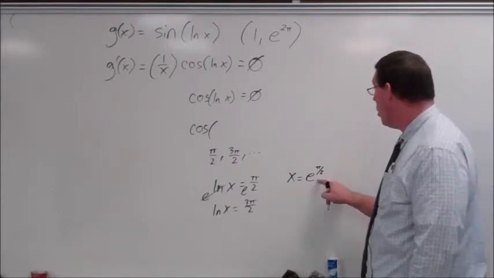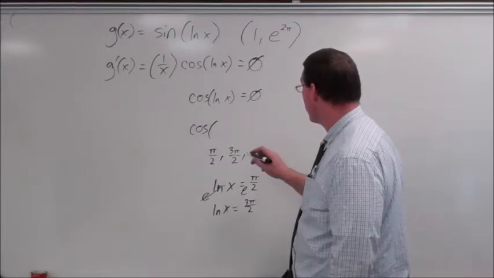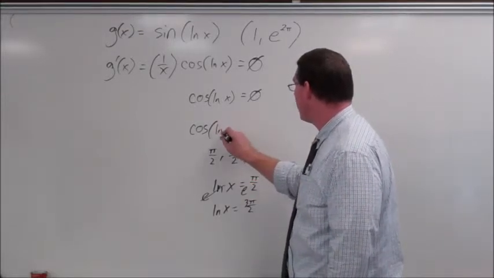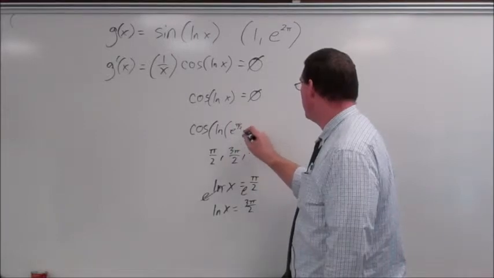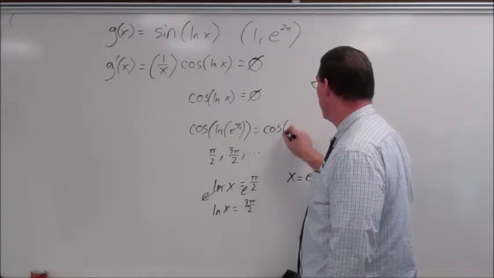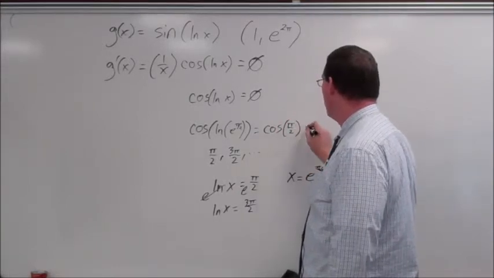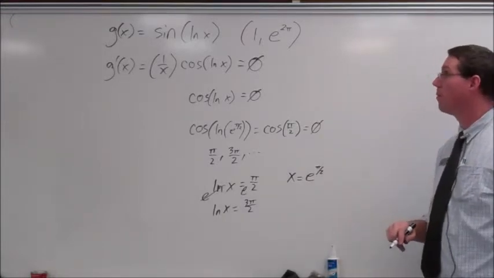So, cosine of the natural log, and this is going to sound kind of crazy, cosine of the natural log of e to the pi over 2 power is going to be the same thing as cosine of pi over 2, which is going to be equal to 0. Okay?